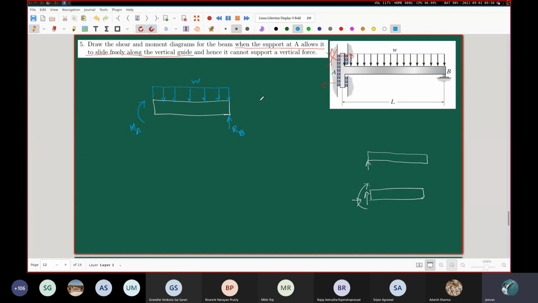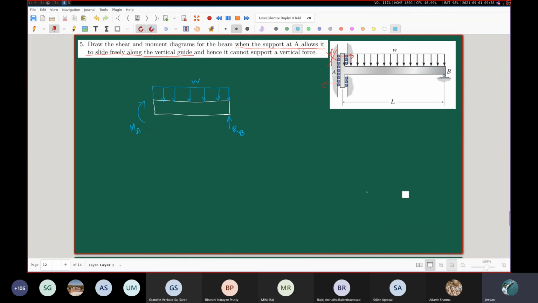One more thing, because I'm running short of time, I just want to mention something. This kind of a thing, which here has been depicted to be present at the wall, may also be present in between the beams. I'm saying something besides this problem.